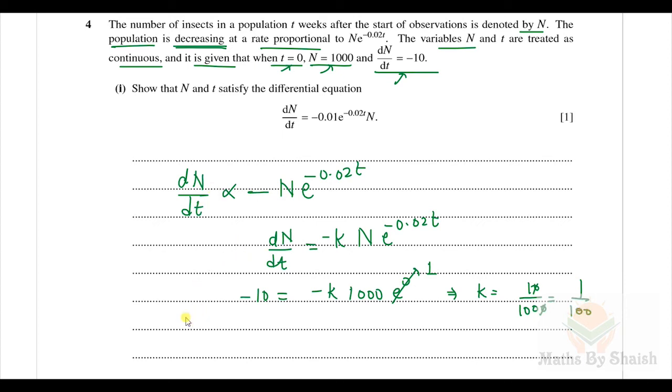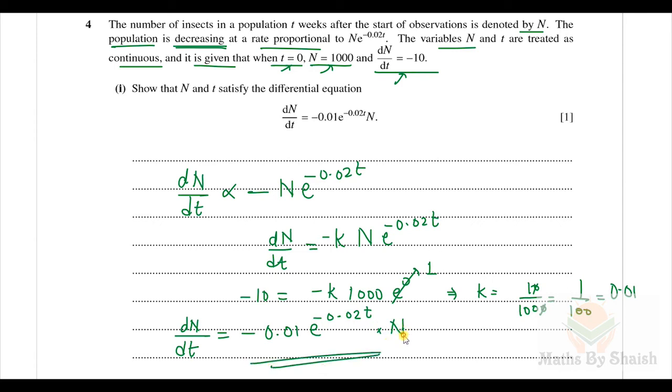So dn over dt, by replacing k as 1 over 100, which is 0.01, we got the answer: dn over dt is equal to 0.01 e raised to the power minus 0.02 t into n.